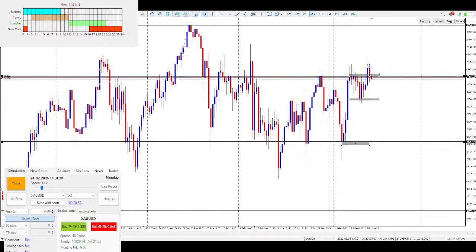Okay, on the 30 minutes time frame, it formed another trend continuation setup, but I have to wait, so that if I get a chance, I'm going to give this trade a second chance.